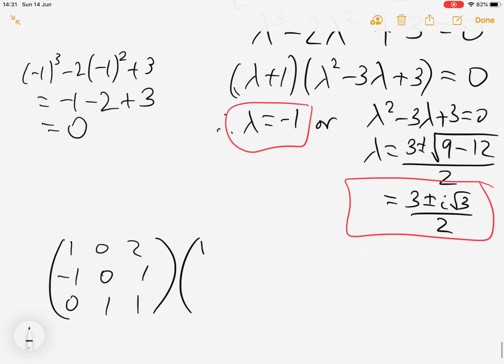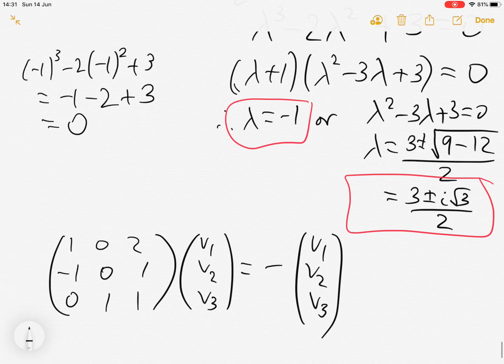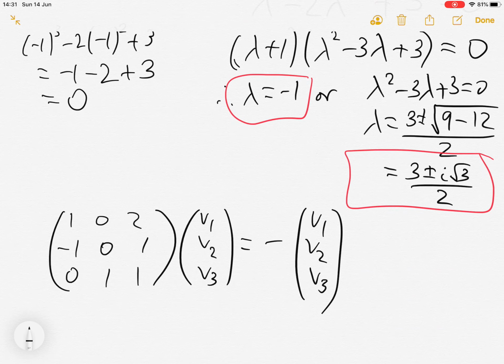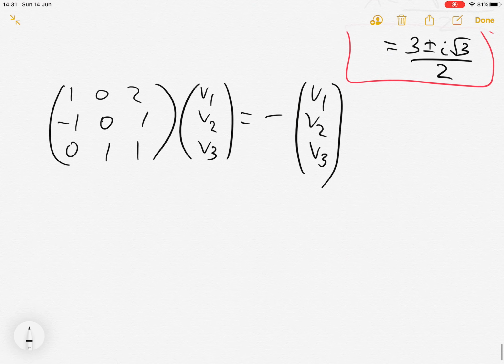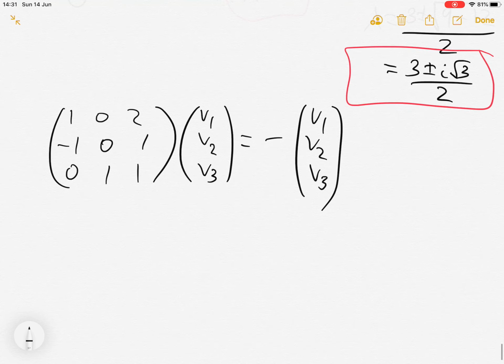If we consider a vector v1, v2, v3 and set that equal to minus v1, v2, v3, and then we can solve this to find v1, v2, and v3. But there will be many solutions in general. Actually, let's just see how it works and then we'll stop.